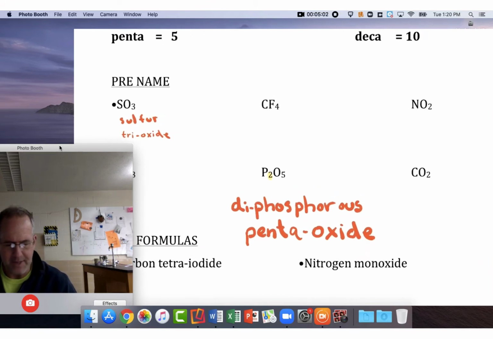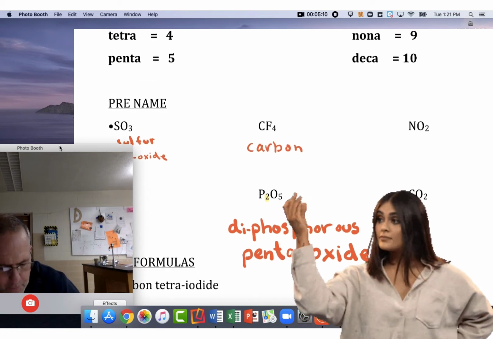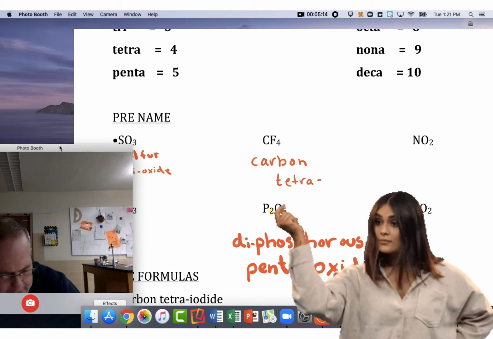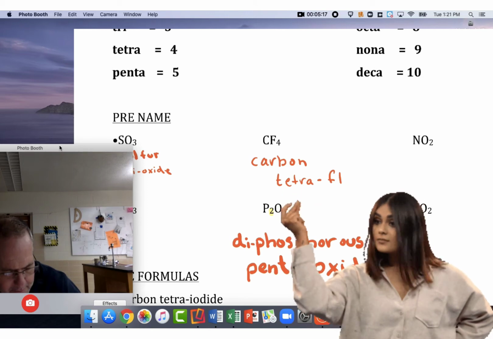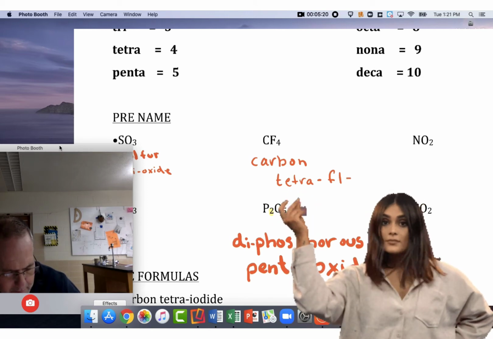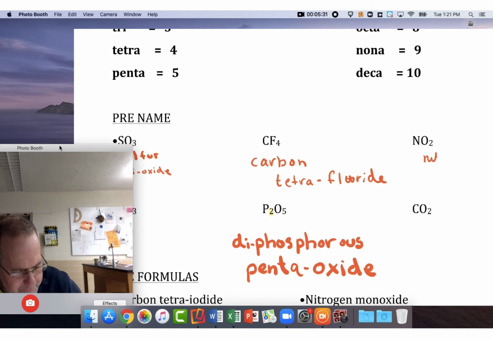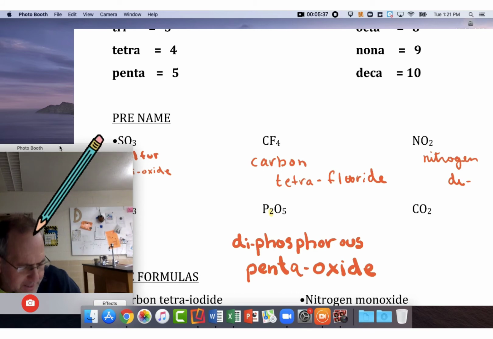Let's just go fast now. Again, there's only one carbon there, so we're just going to write carbon. And there's 4, so 4 is tetra. And again, it has to end in the "ide," so that's fluoride. Okay, so nitrogen, and then we'd say dioxide.